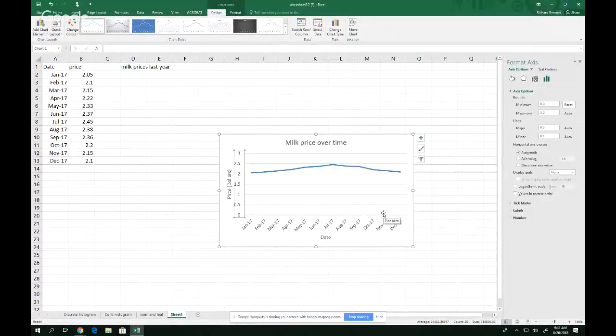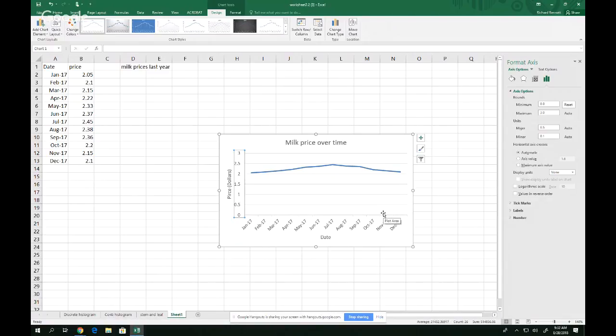How would you describe this graph here? I asked you to describe it on a test. Symmetric? Slightly less. Did you call it skewed? Don't call it skewed.